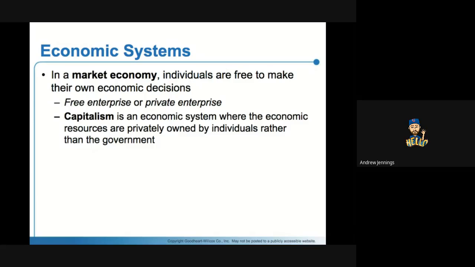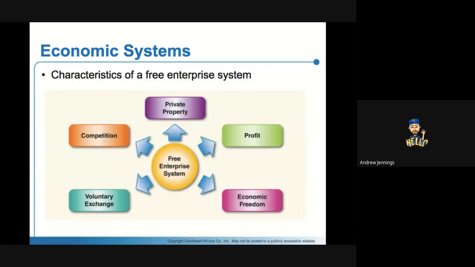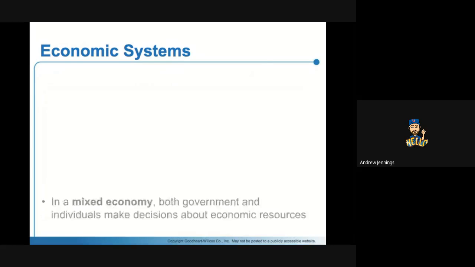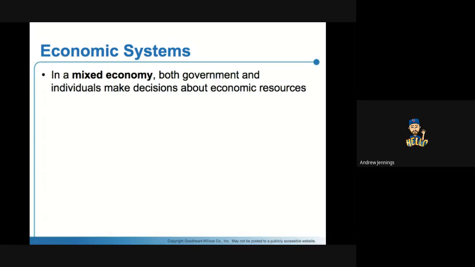Now, that's not quite what we have in America, but let's take a look at the free enterprise system here. Okay, we have competition, we have voluntary exchange, we have private property, we have profit, and we have economic freedom within a free enterprise system. Now, when we move on to a more local example of the U.S., we're looking at a more mixed economy where the government and individuals both make decisions about economic resources, okay?